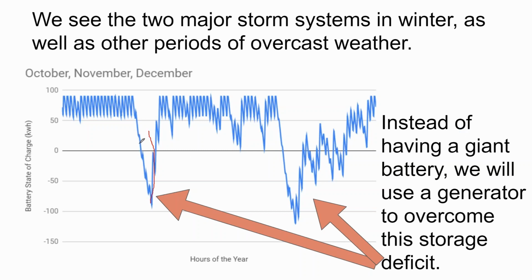Once we hit this level, the generator will crank it all the way back up to the top, and then we're going to be falling by an equal amount, but then the generator will crank it back up to the top. And so we use the generator once, we use the generator twice. Same thing here. We hit this, we crank it all the way back up to the top, but it still begins to fall. And then we crank it all the way back up to the top, and then it'll start to recover again.